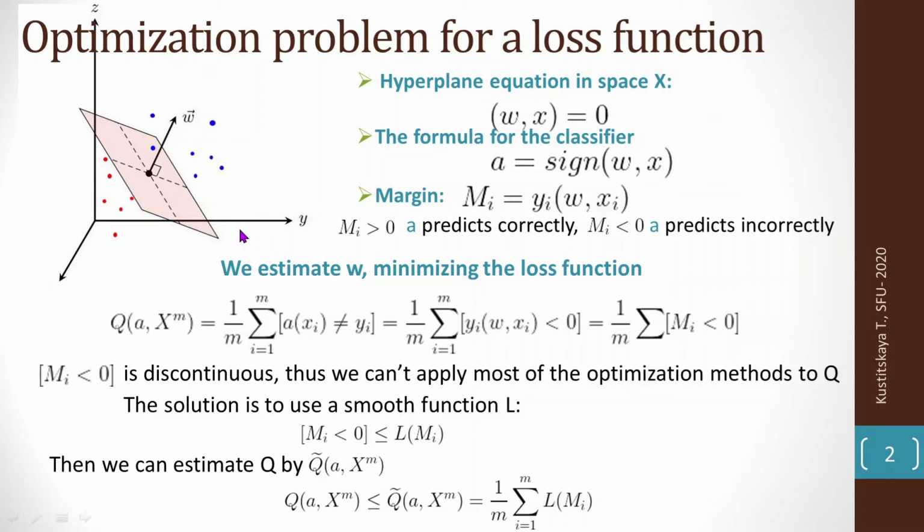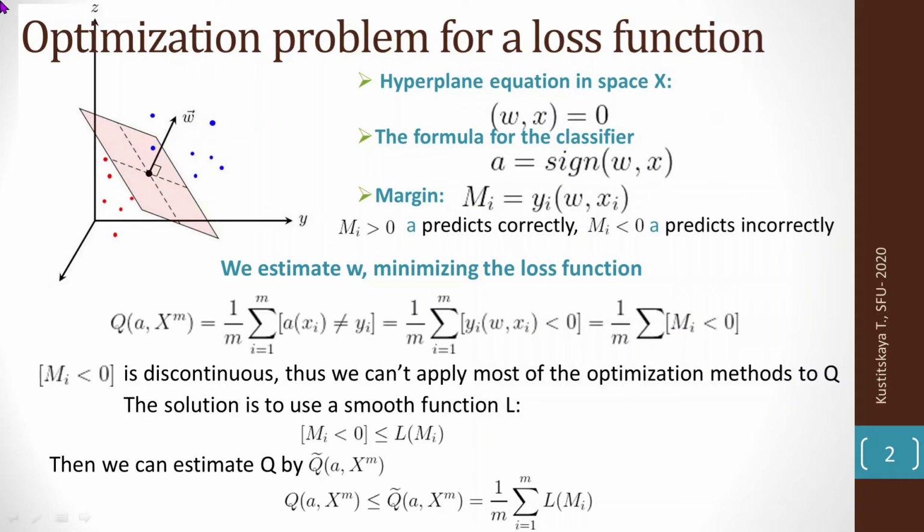We know that every hyperplane in space X can be defined using this equation. Scalar product of W and x is equal to 0, where the vector W is a normal vector for the hyperplane, and it is also the vector of the parameters for the classifier.